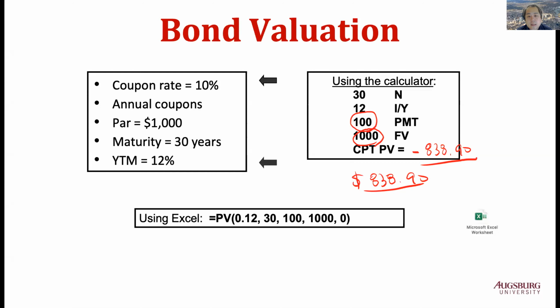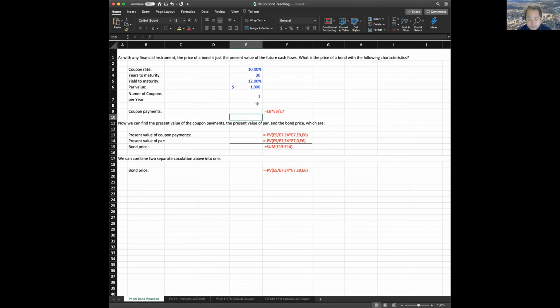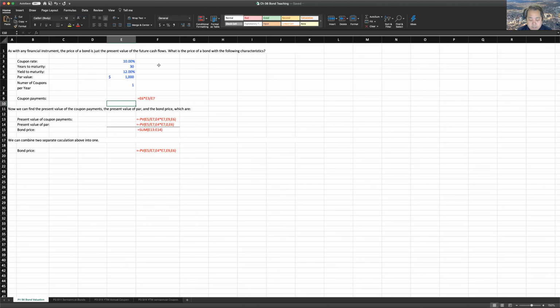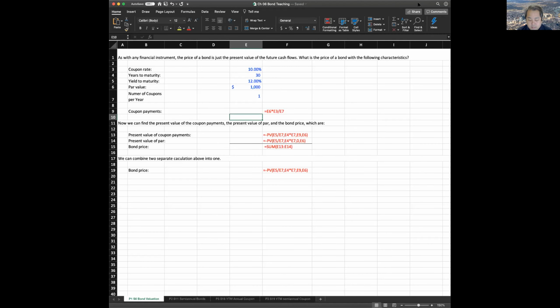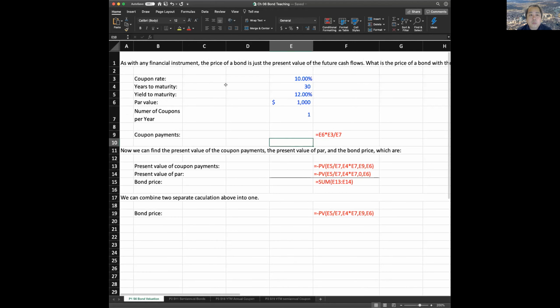We can also use Excel to find the price. So let's double click this Excel icon, and you will have this spreadsheet. So we have coupon rate, yield to maturity, par value, and number of coupons per year.